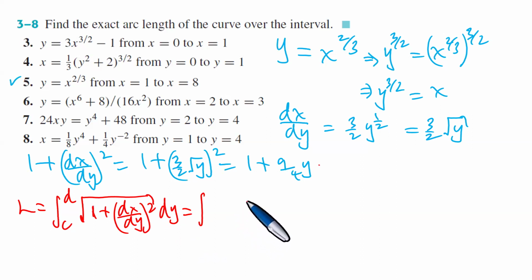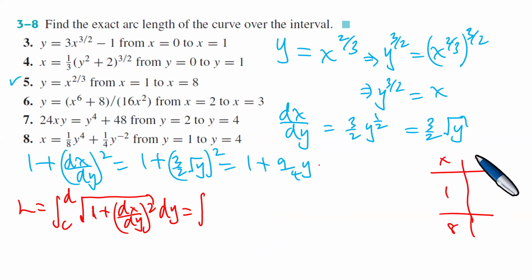We changed the subject of the formula, so we need to change because these are x limits of integration, so we must get y limits of integration. X was from 1 until 8. What will y be? We ask the question. So now if x is 1 here, y is also 1.